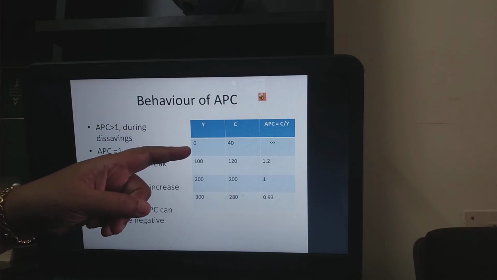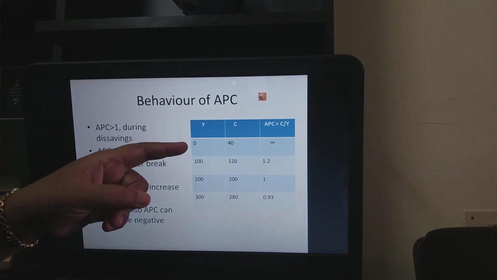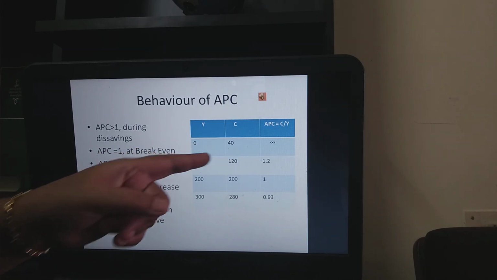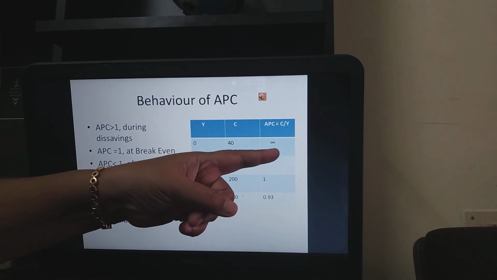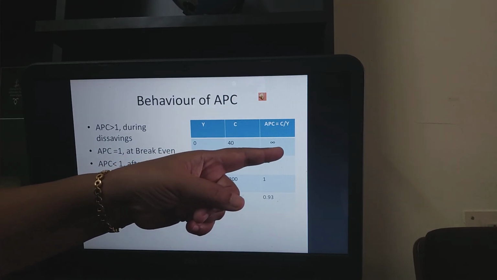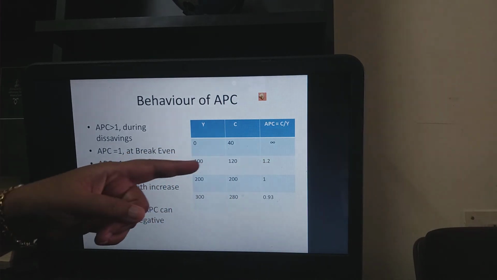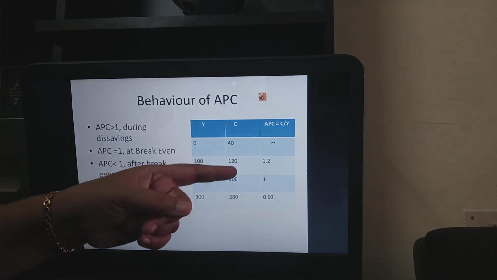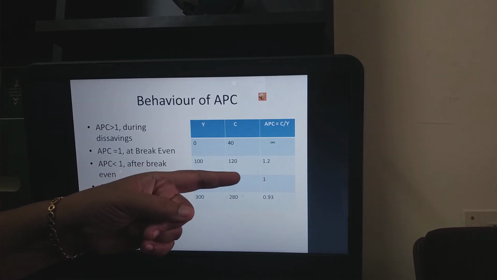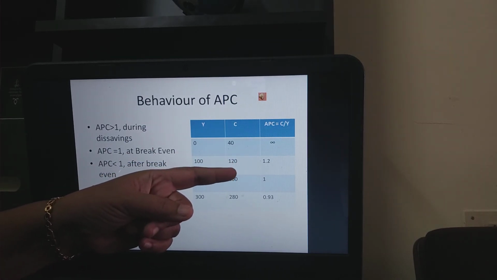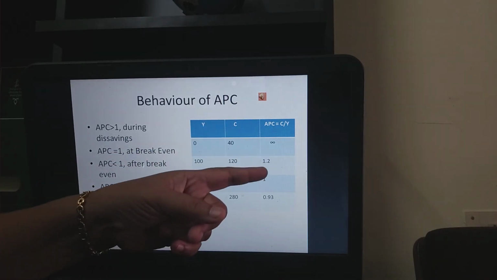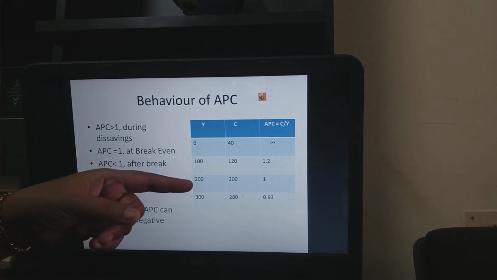So when income is 0 and consumption is 40, it would be 40 by 0. That cannot be calculated, that is infinity. Then when income is 100, the consumption expenditure is 120. So 120 by 100 is the APC, that's 1.2.